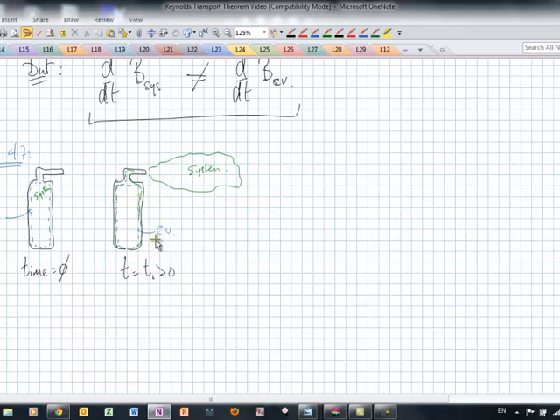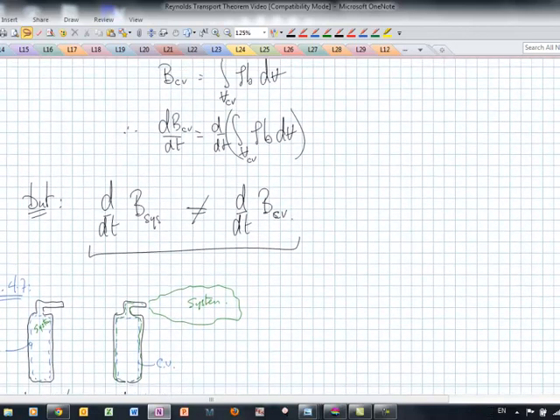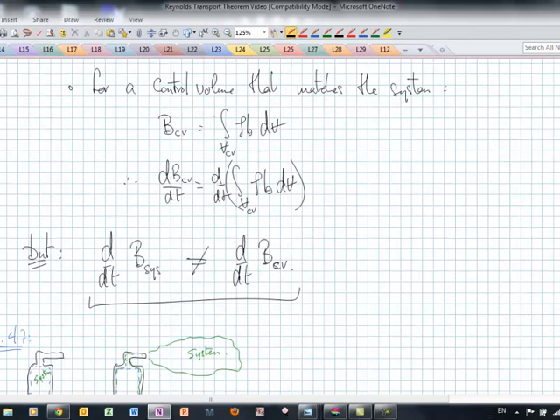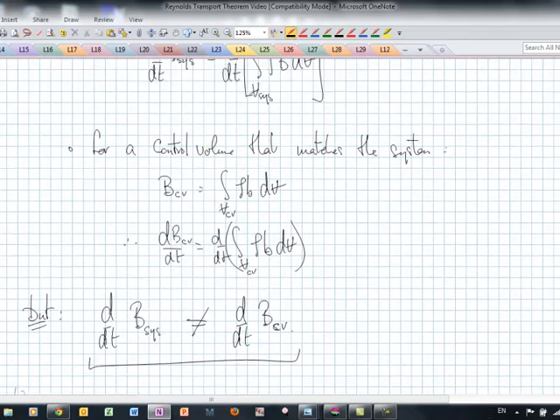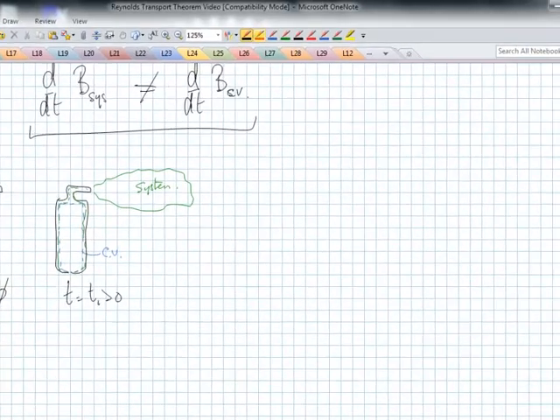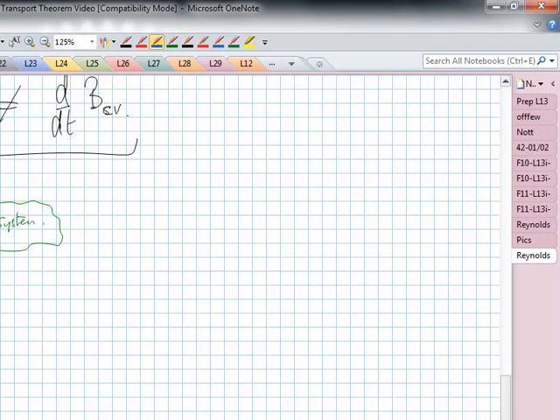So let's look at a specific case of dB_sys/dt and dB_CV/dt. Notice, by the way, I'm not saying control volume anymore, I'm saying CV. We can pick any extensive property that we want for B. So let's pick the mass of the system. That's an extensive property, right?